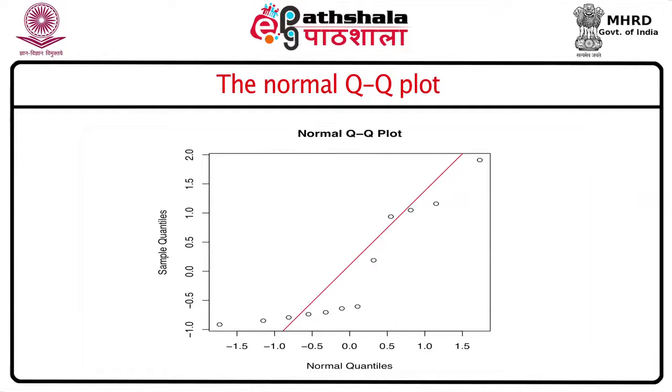If you see the QQ plot, we find that the observations are scattered. Ideally, the points should lie on the red line, but there are many points above and below the red line. So it is confirmed that the underlying distribution is not normal.